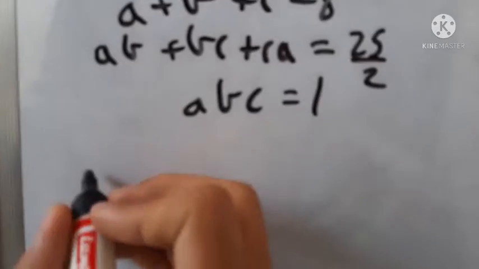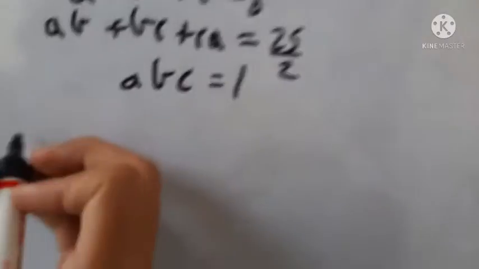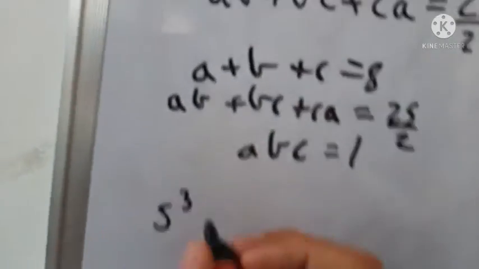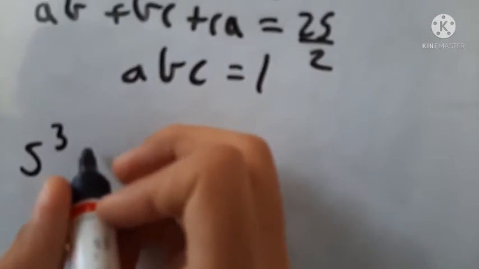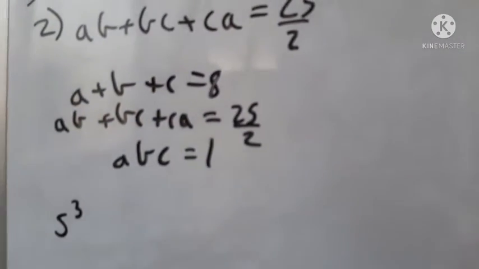Let's use s, because p, q, r are already in use. So s cubed, because the first coefficient is 1. The sum is supposed to be minus b over a.